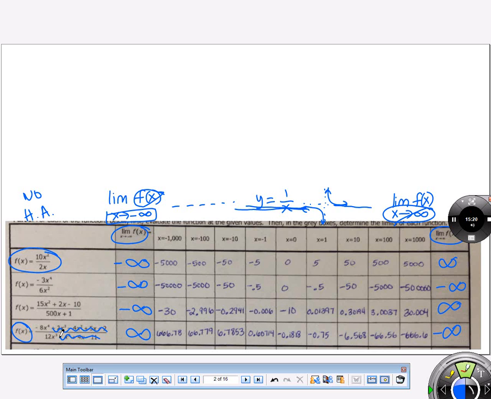When I start putting in a million to the fourth power, it is going to be so much that the next term is really not going to matter very much, okay? So really these highest power terms can show me what's happening. In all of these functions, because the numerator has the higher degree, say we start with this one because it's simple, 2x goes into 10x squared and basically reduces to 5x, right?